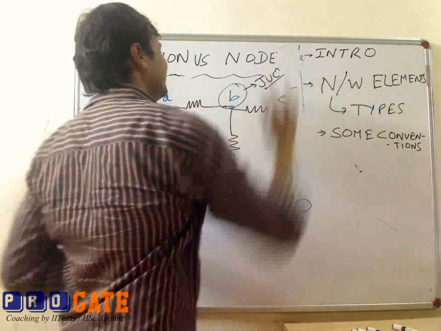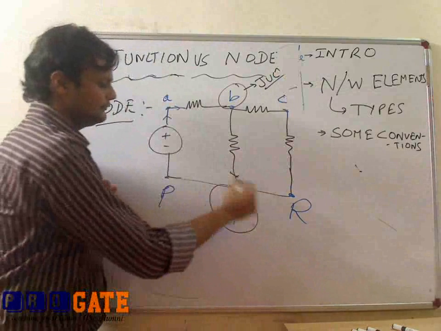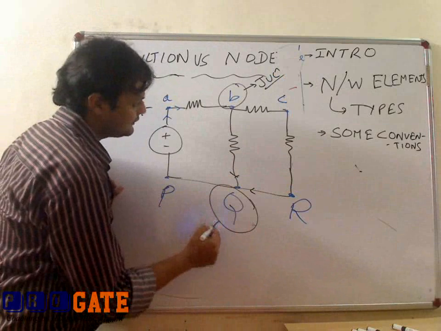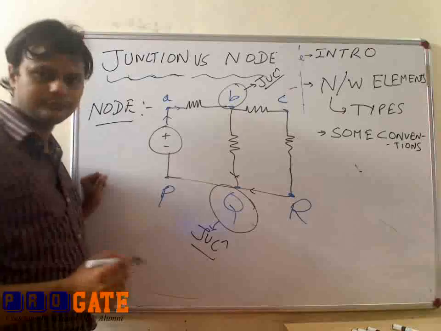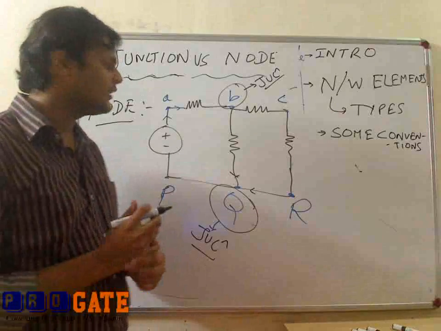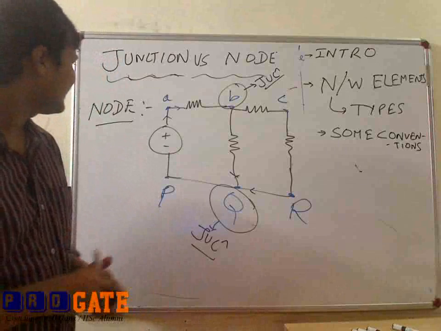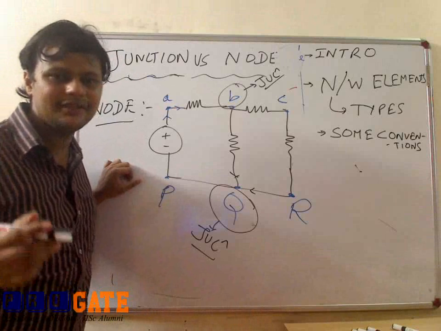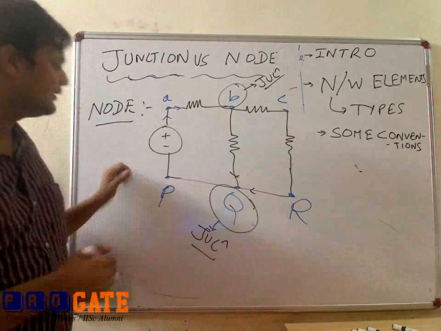Junction. And again, current can divide there also. So this is also a junction. And how many nodes? Again, what was the definition? Any point in a network which has some different potential than the previous one is called node.